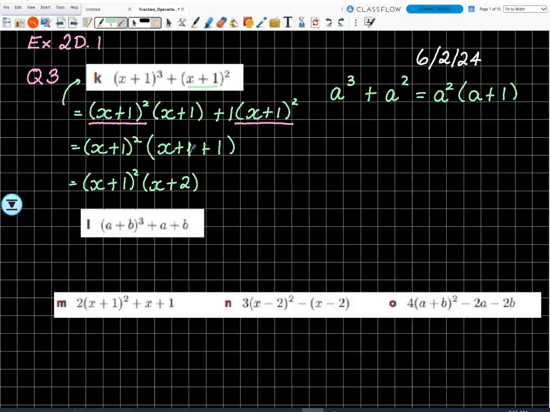Okay. Someone asked for L. So what's the word with L? We've got A plus, yep. If I can just pop the A plus B around there, once again, I've got a common factor of A plus B. Now, when I pull out my A plus B times what gives me A plus B cubed?